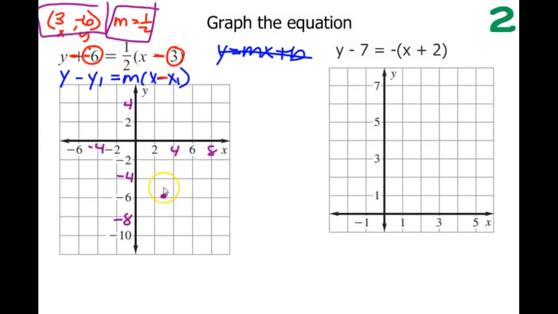So rising 1 would be up in the middle here, and 2 to the right, 1, 2 is also in the middle, because these are going by 2's. If you went up 1 square and over 2 squares, that will give you the same slope. Up 1 over 2, or down 1 over 2. My points aren't super great, but they will form a nice straight line.